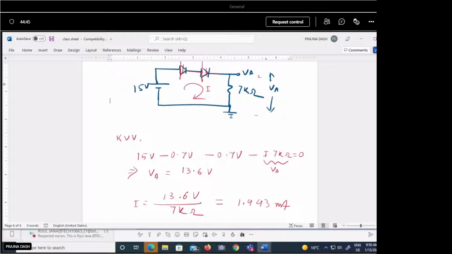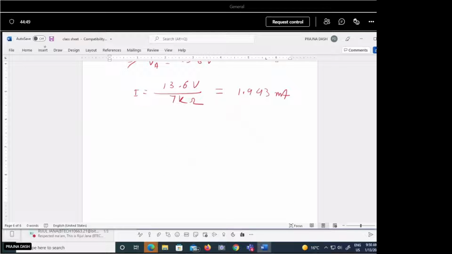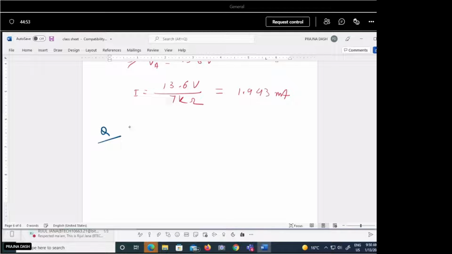One more numerical I will take. Suppose your question is given in this way. The circuit is given like this. One silicon diode is given, this is the silicon diode, and one germanium diode is given. The connection is like this.